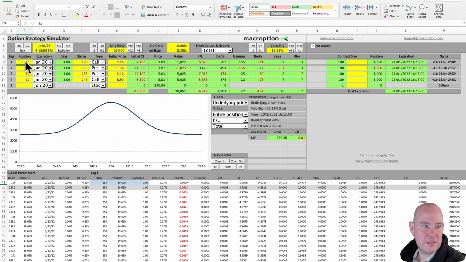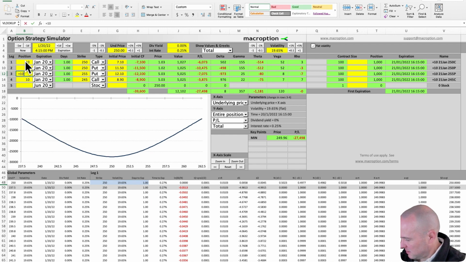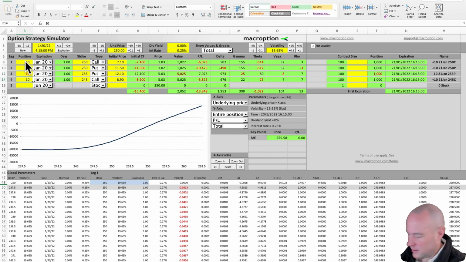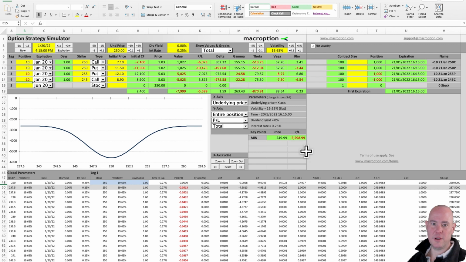We'll go positive 10, positive 10, minus 10, minus 10, minus 10. And I hope you can see how this macro option spreadsheet is so handy. Don't worry about the delta right now. It's 0. Just really watch the gamma. And again, we can hedge off, but watch the gamma as I go up.